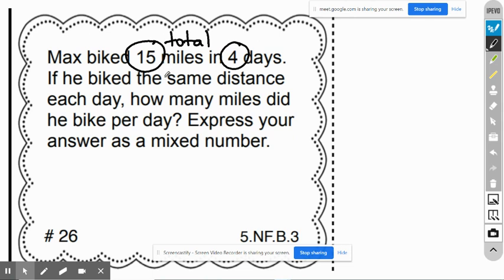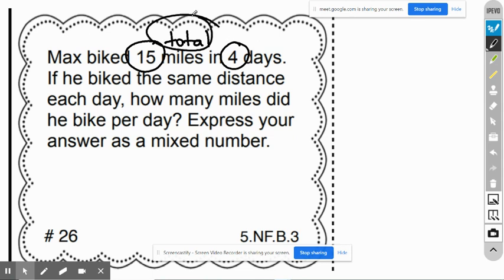Every day he rode the same distance. How much was that each day? That combined gave him 15 miles. What operation would that be there, Dylan? It would be division.